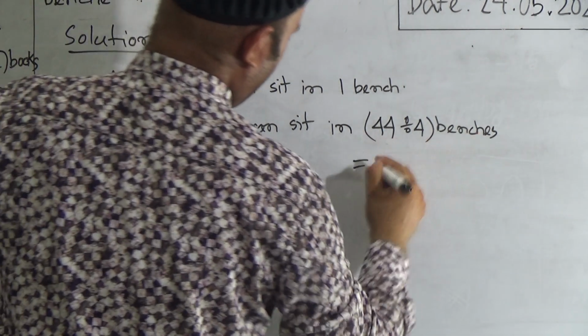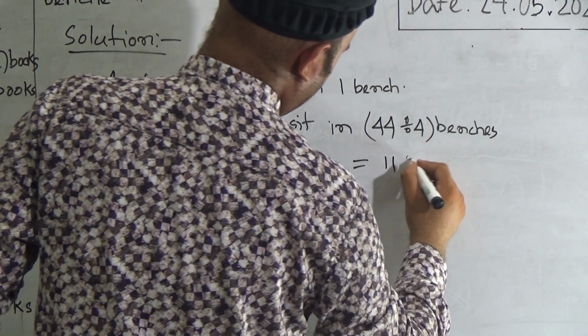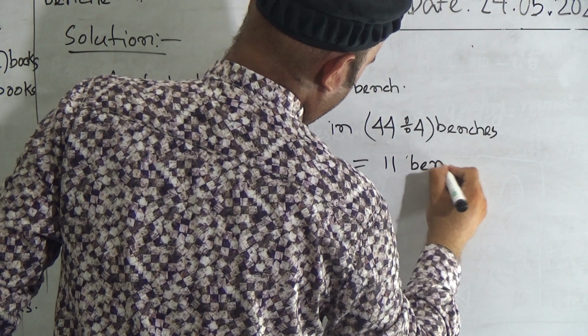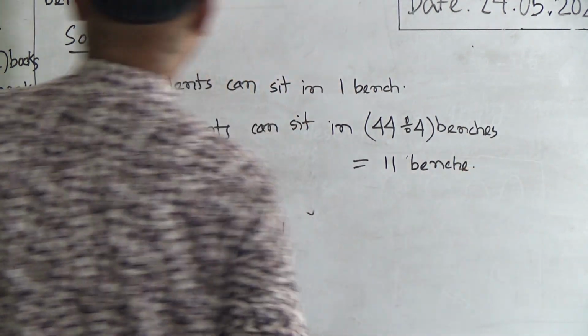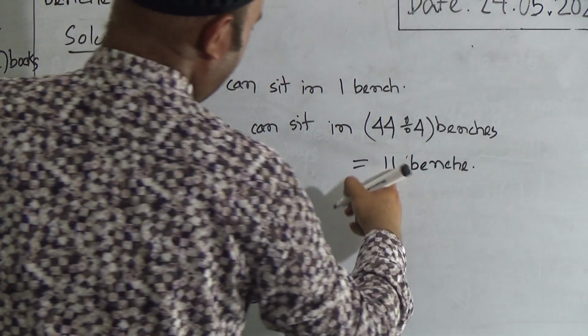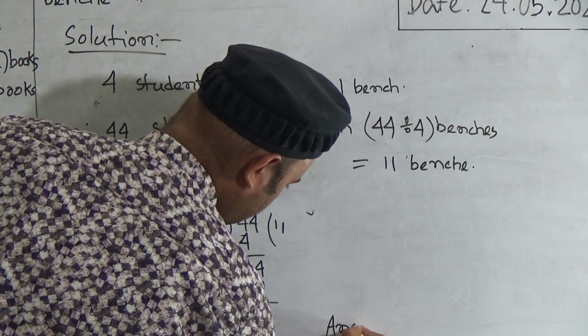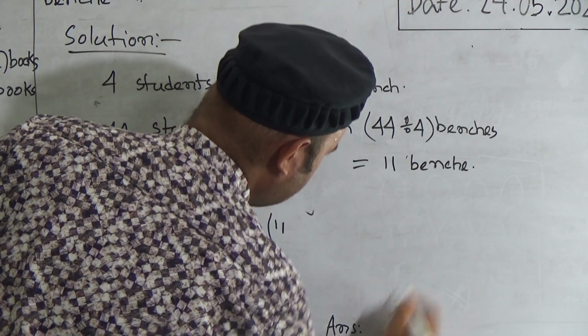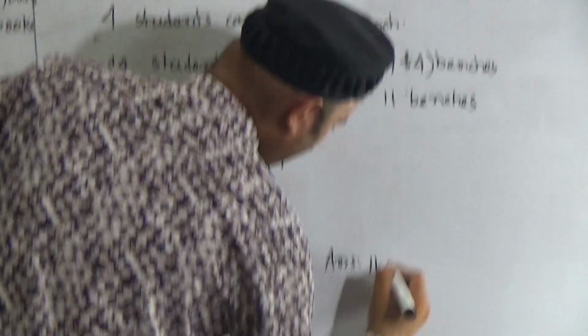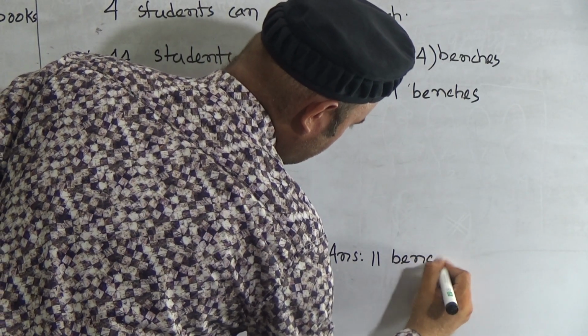So 44 divided by 4 will be 11. So 11 benches. So how many benches will be needed? So the answer is 11 benches.